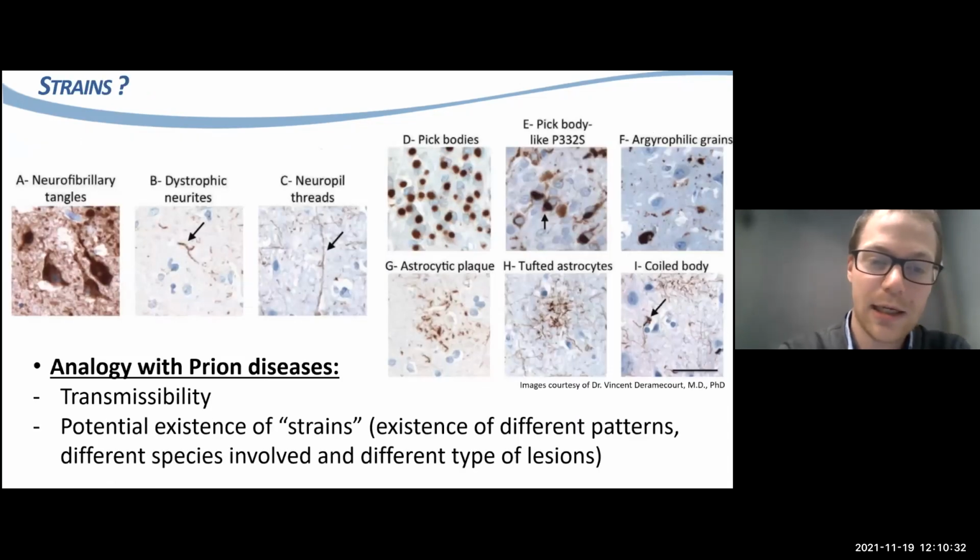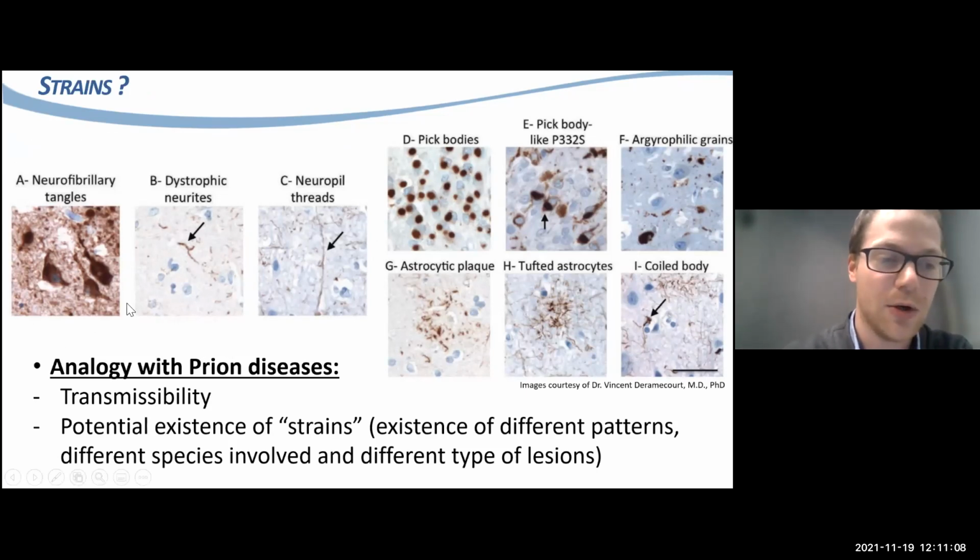And the second is that indeed you could have hints that there are some strains of tau existing. The first evidence that we had that tau could occur in different strains was the shapes of the lesions in the brains. Different diseases had different shapes of pathology.